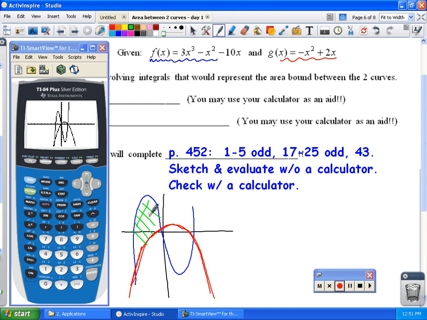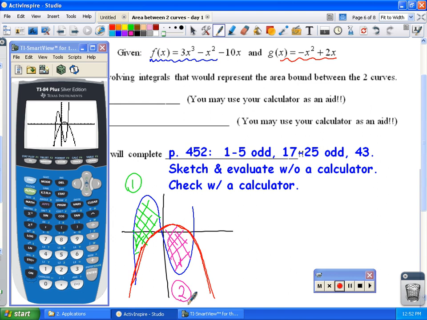Here's one of them. So we have to find the area enclosed in that region, and then the other region is here. Now what's important about that is notice that I'm going to call this region number 1 just so we can talk about it more easily, and I'm going to call this region number 2.